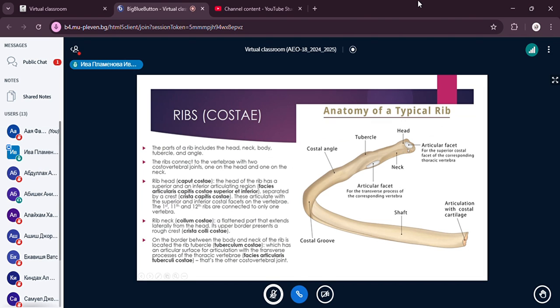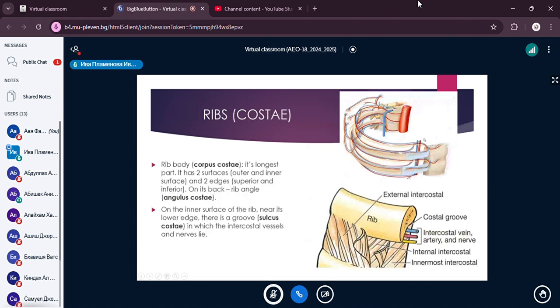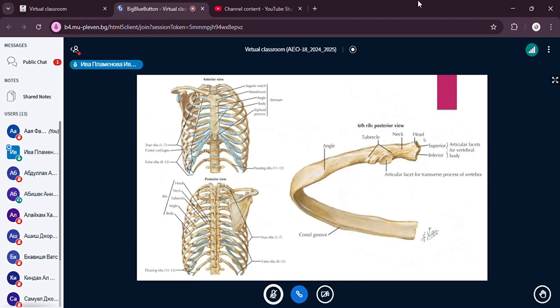They are separated by a crest. Here you can see the head with the superior and inferior articular facets for the vertebral bodies. They are separated by a crest, crista capitis costae.